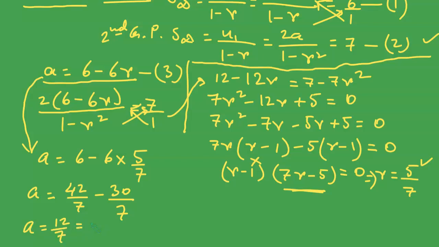which can be written as 1 and 5 over 7. 12 over 7 is an improper fraction and 1 and 5 over 7 is a mixed fraction. So we have got the two values that we were asked to find. Let us write the answer.